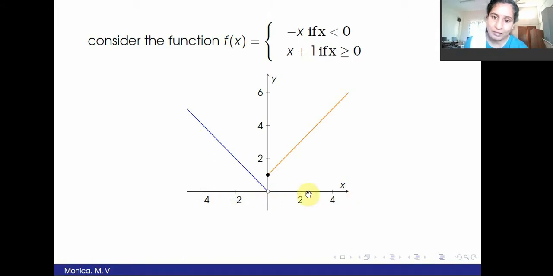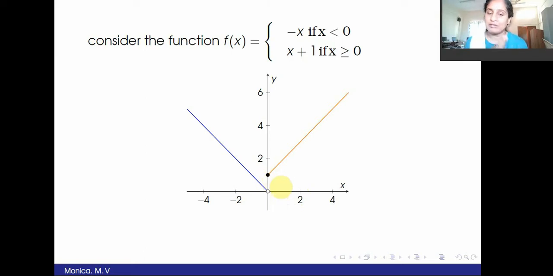From the right hand side, I am coming towards 0, the function is moving on the orange line, it is coming down. When I reach 0, from the right hand side, the function comes and reaches here, this is 1. So, the right hand limit when x tends to 0 is 1. So clearly few things we can observe from this function.